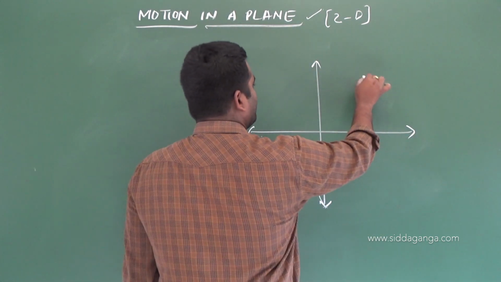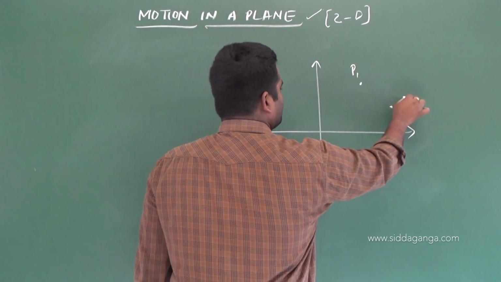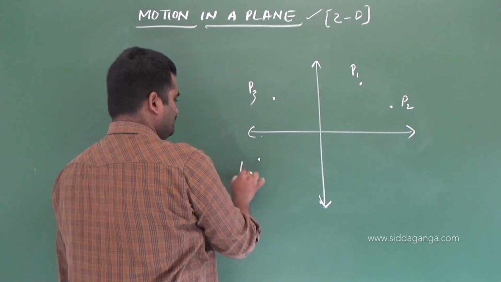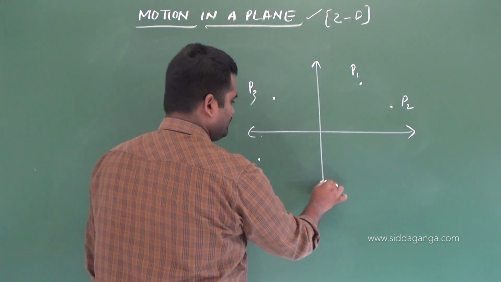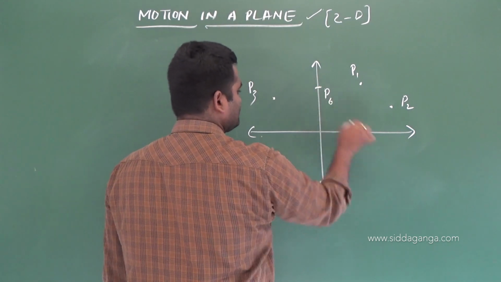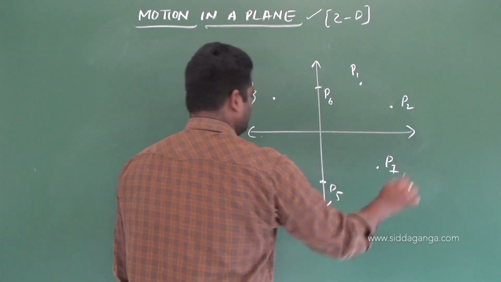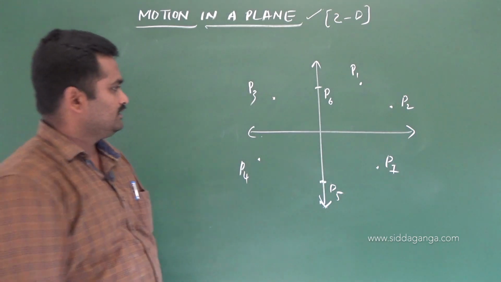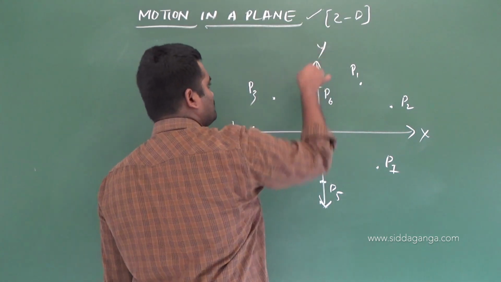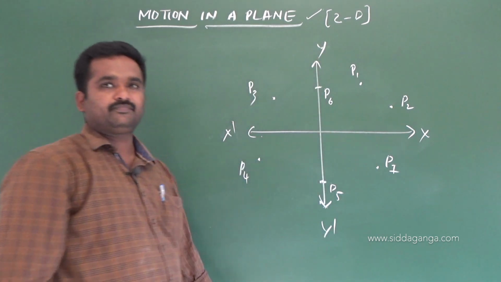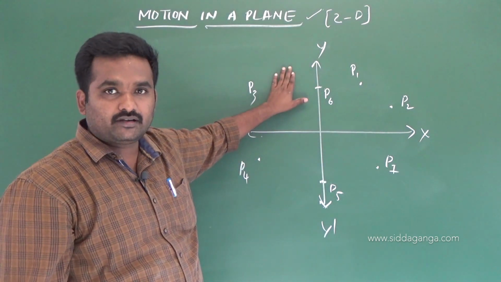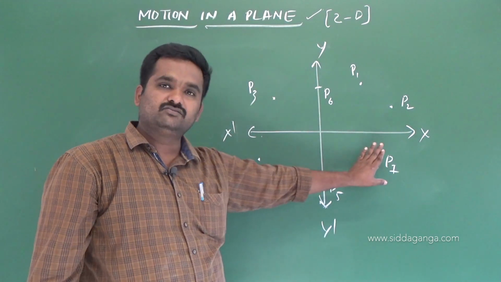I have a point P1 here, this is another point P2, then P3, P4, P5, P6, and P7. These are the points I have taken. This is positive x, negative x, positive y, negative y. First quadrant, you are all aware. This is the second quadrant, third quadrant and fourth quadrant.